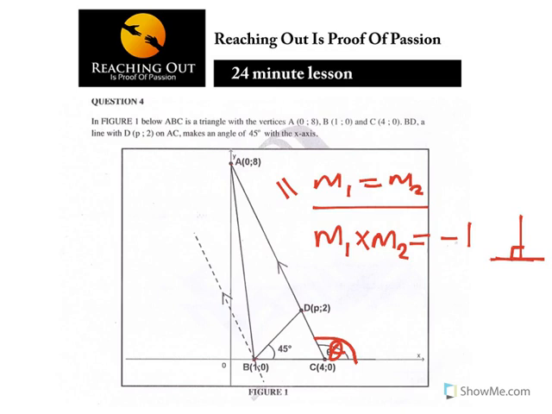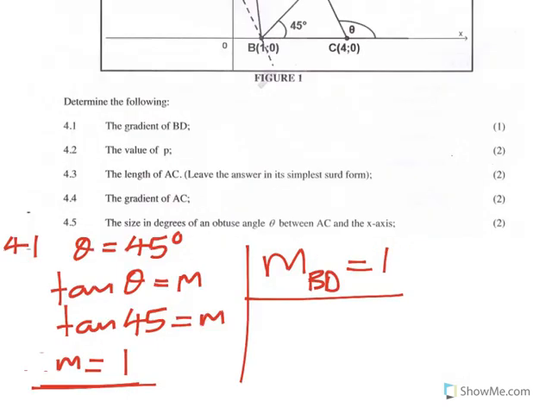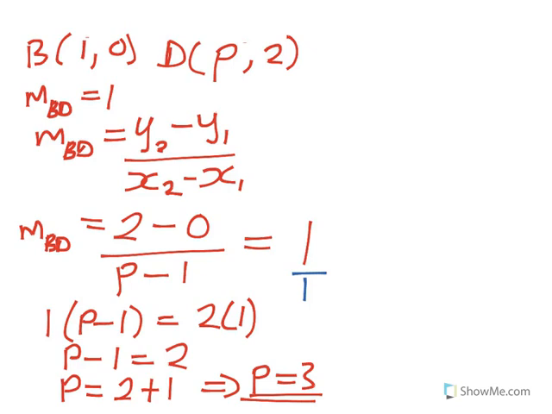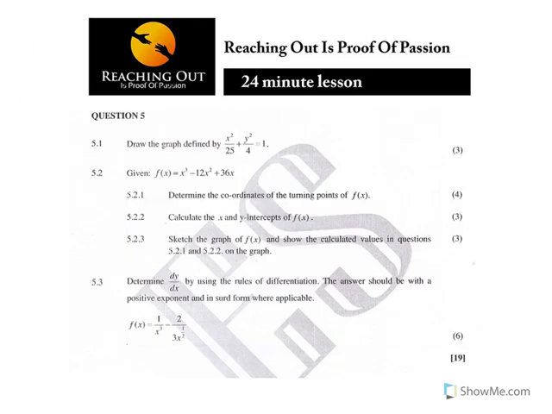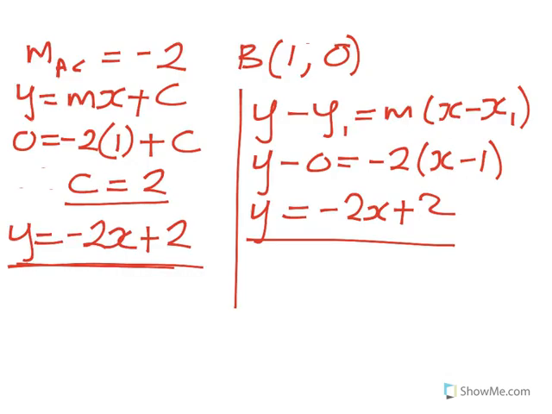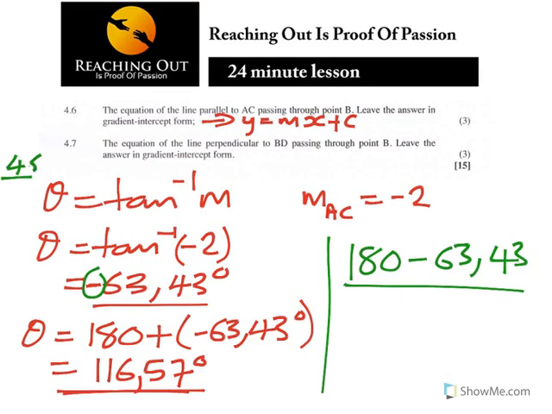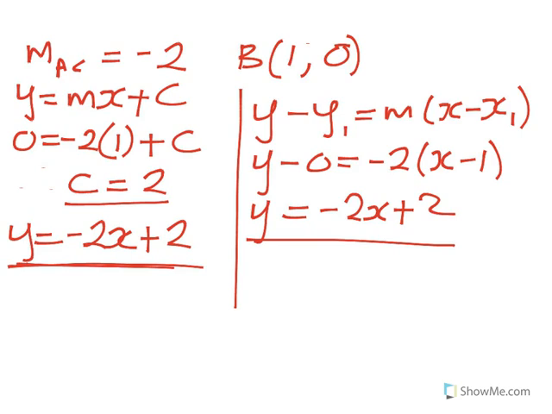So they're saying the equation of a line perpendicular to BD, passing through point B. Now, we know point B. Leave your answer in gradient intercept form. Point B is always 1, 0.